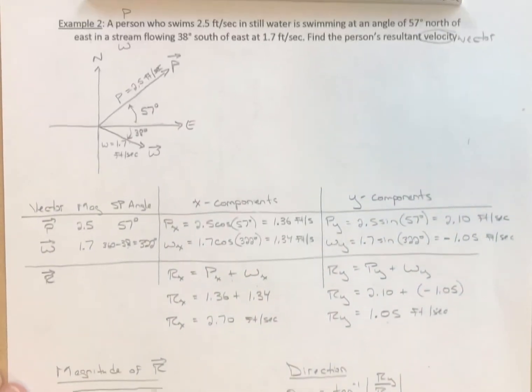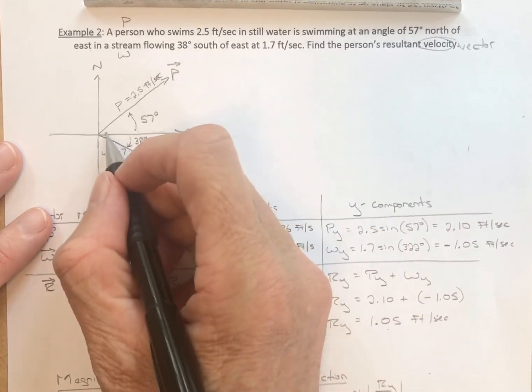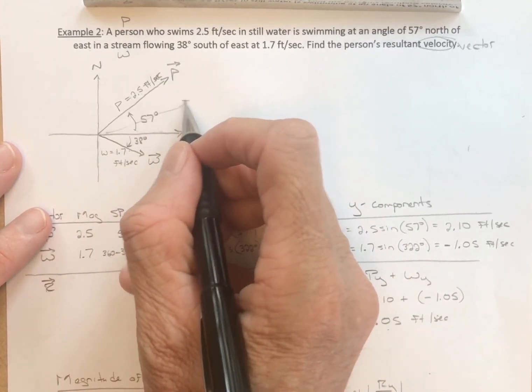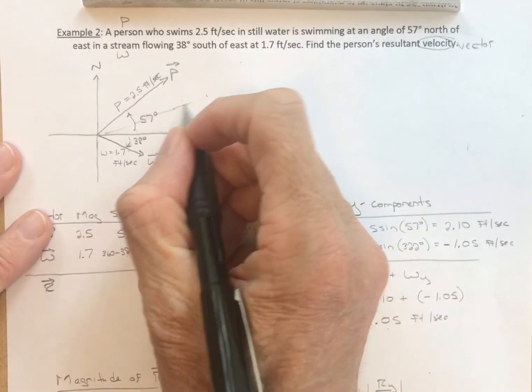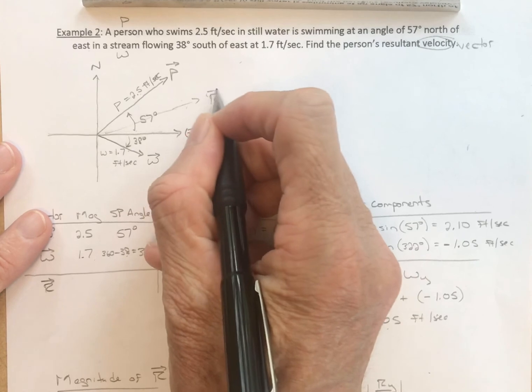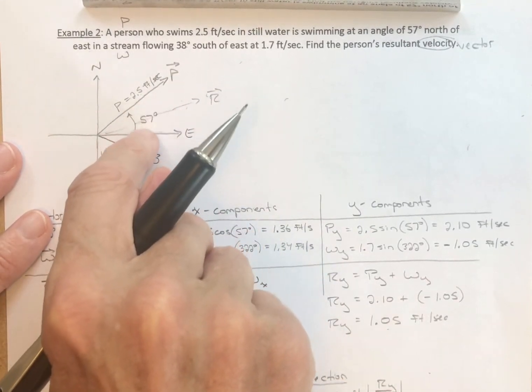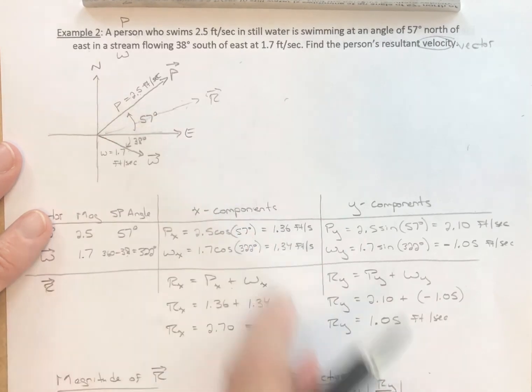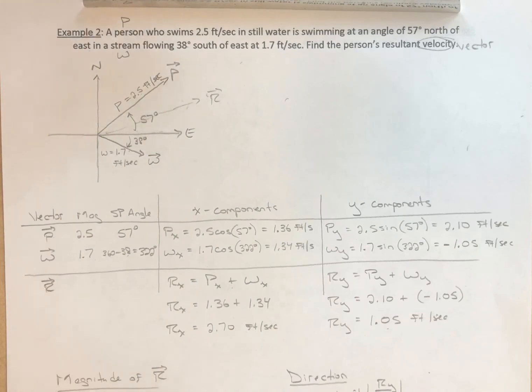We go back up to our graph. Again, you can see if we were to put this here, we kind of have a vector. This is our resultant vector right here. Well, that's going to be something like this. And you can see it's going to be a little bit longer than this one, but the degrees will be less than 57, and we have it as 21 degrees. So there's the resultant vector if we add those two together.